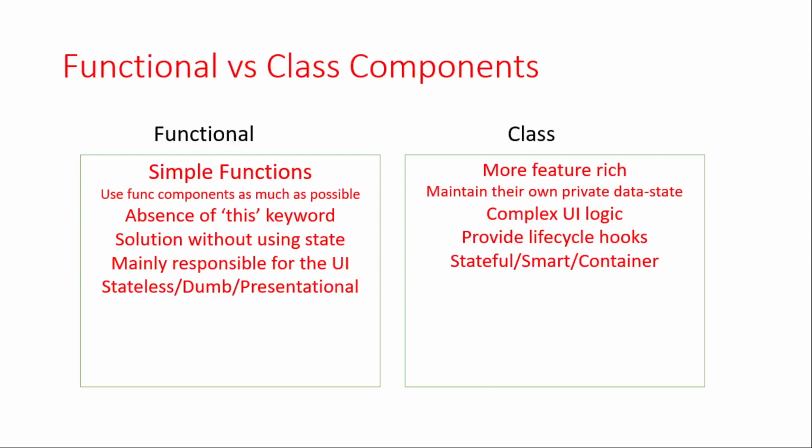Functional components are simple functions, and you should use functional components as much as possible in your application. Meaning that if you can create a particular component using both of these approaches, functional as well as class, you are advised to use functional components as much as possible.